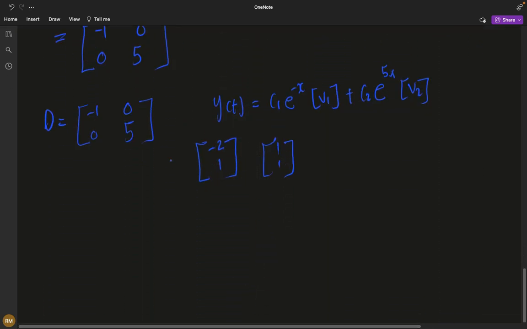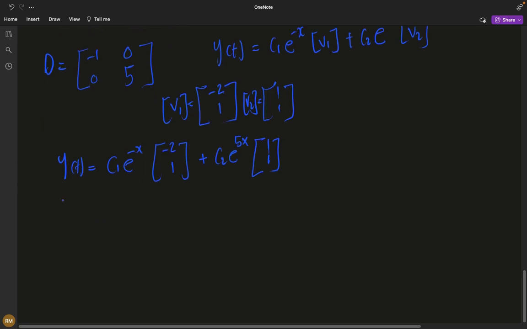Okay, so this is what your v1 is equal to, and this is what your v2 is equal to. So we will have y of t, which is c1 e of negative x times negative 2 and 1, plus c2 e of 5x, which is 1 and 1.